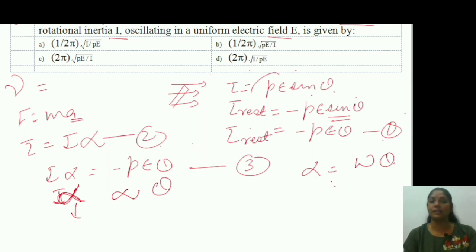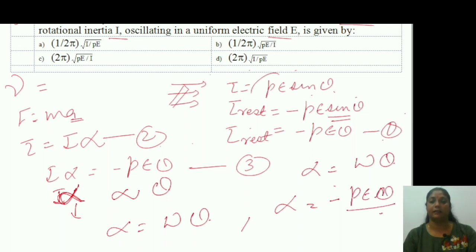So if you compare these two, in place of alpha you write omega square theta. So alpha equal to omega square theta, and from equation number 3, alpha is what? Minus PE theta by I. So there are two values of alpha.